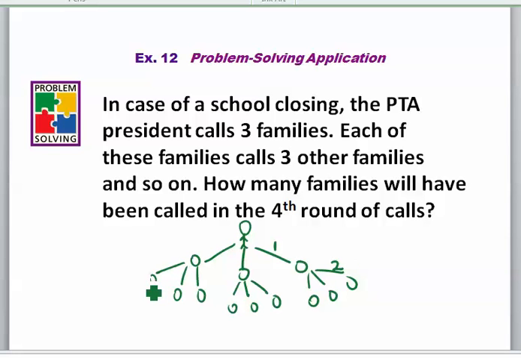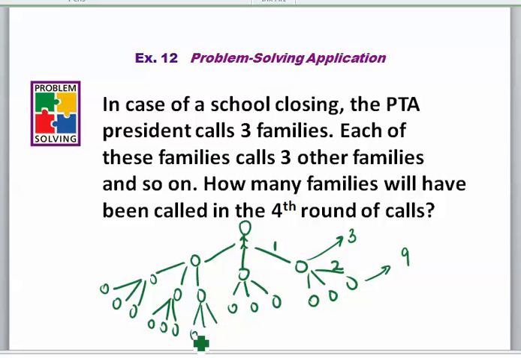You can continue to draw these, but you would start to get lots of circles here. What we can start to do is look at what this means here. Here, this one was 3. This one is 9. This one has 9 on it, and then they have another 9 and another 9.